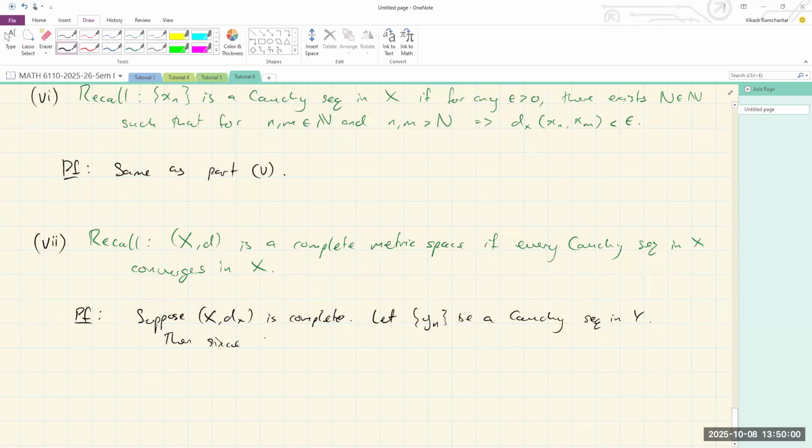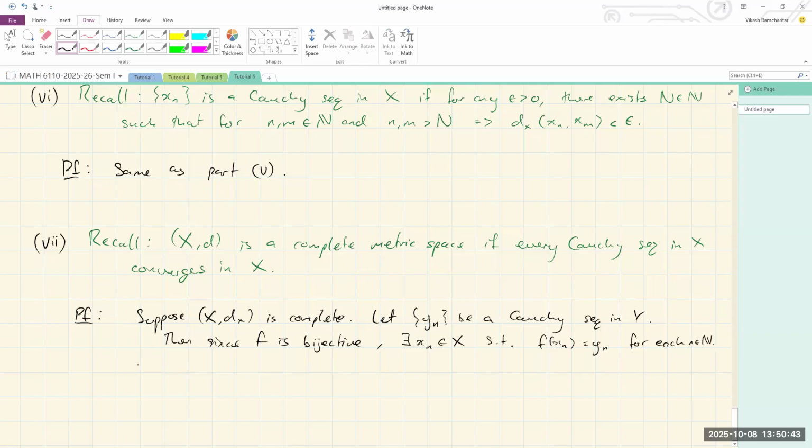Then, since f is bijective, there exist x_n in X such that f of x_n equals y_n. So all I'm saying is that each of these terms, these y's in the Cauchy sequence, come from an element in X being mapped onto it, such that f of x_n equals y_n for each n.